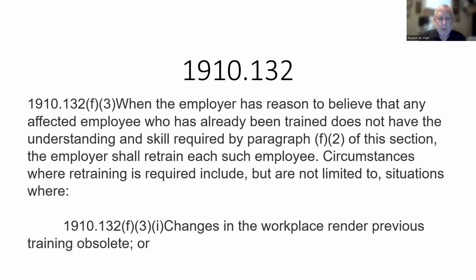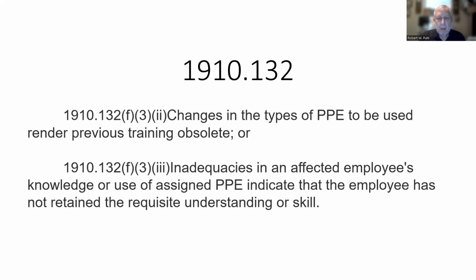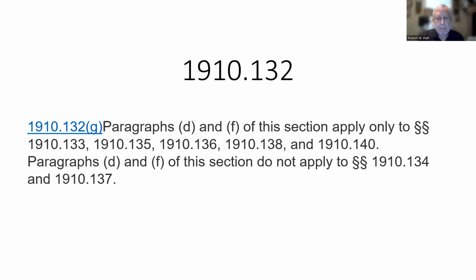Circumstances where training is required include, but are not limited to, situations where changes in the workplace render previous training obsolete, changes in the types of PPE to be used render previous training obsolete, or inadequacy in an affected employee's knowledge or use of assigned PPE indicate that the employee has not retained the requisite understanding or skill. In other words, they show after you train them that they still don't understand what's going on. So then you need to retrain them.